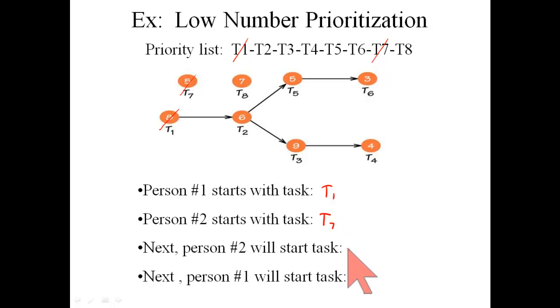So person number 2 finishes task 7, comes back and says, give me something to do now. Well, I look at the priority list. Say task 2 is next highest in priority of the uncompleted jobs, but task 2 can't be done yet because person number 1 is still working on task 1. Task 3, 4, 5, 6, none of those can be done until task 1 is completed, and so person number 2 ends up getting task 8, which is at the very end of the priority list, but is the only job that's ready to be done.